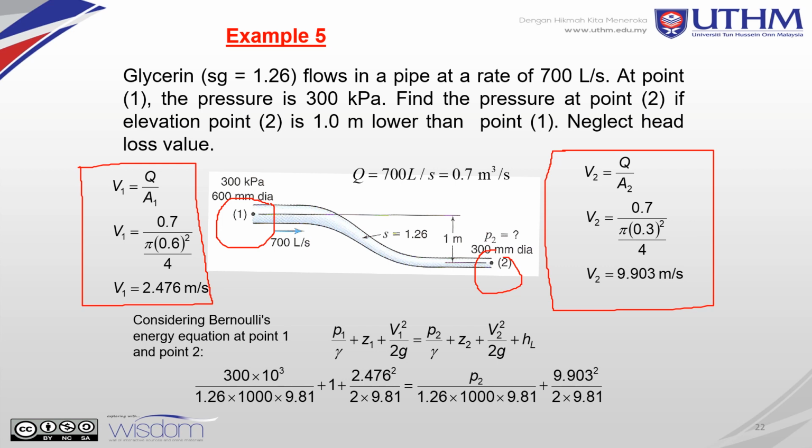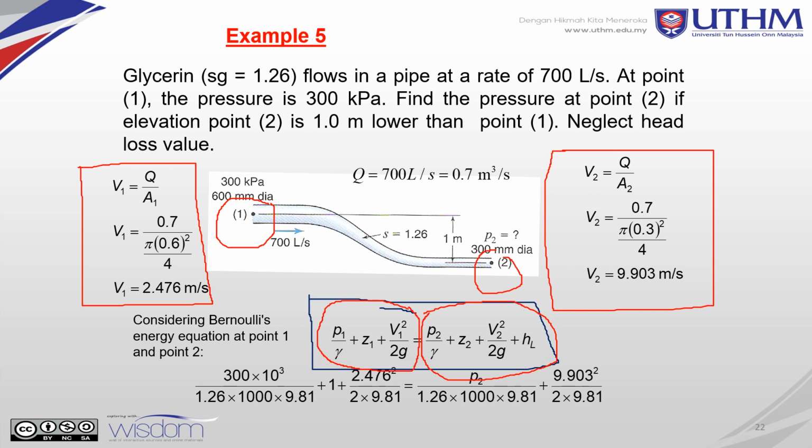Considering Bernoulli's equation from point 1 to point 2, you must write the Bernoulli equation. This is the equation at point 1, and this is the equation at point 2. HL is the head losses.